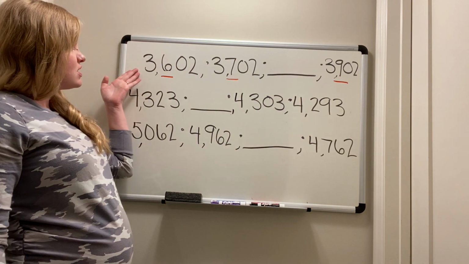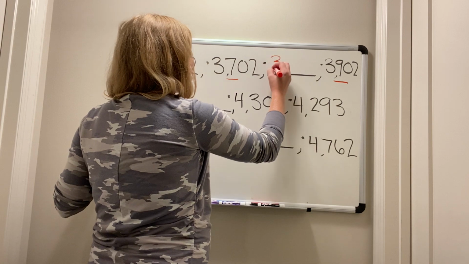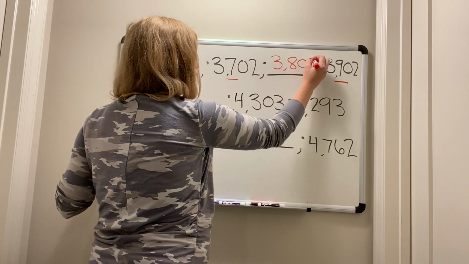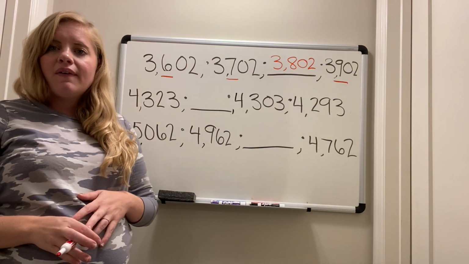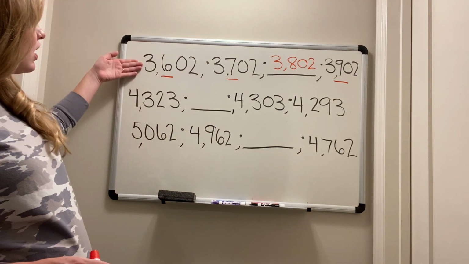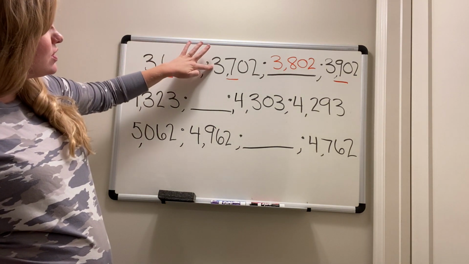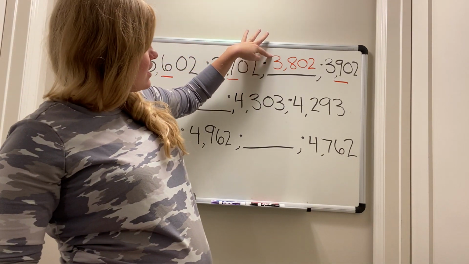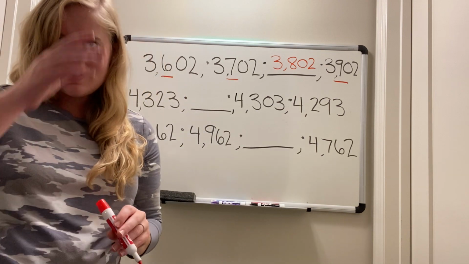So we go 3,602, 3,702, 3,802, then 3,902. Now let's read the pattern all the way across to make sure that we're correct. 3,602, 3,702, 3,802, 3,902. That sounds correct to me, scholars.